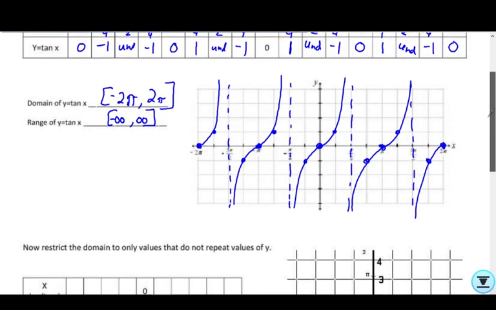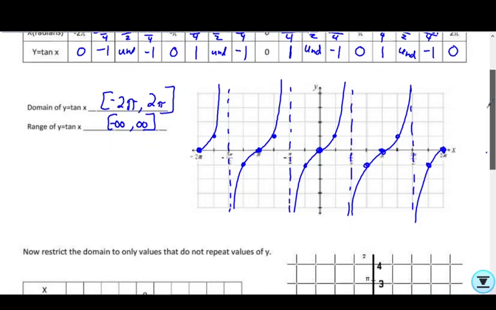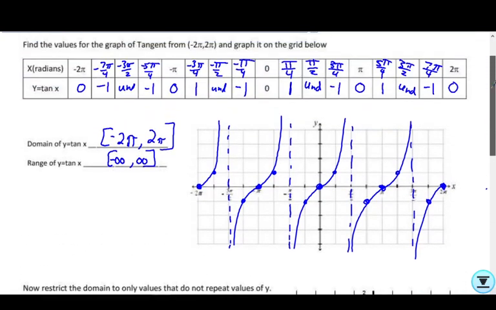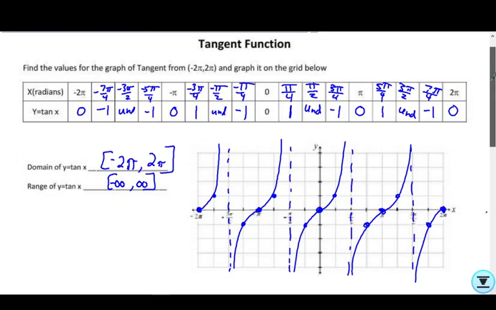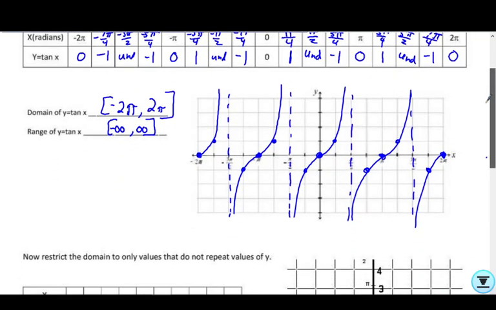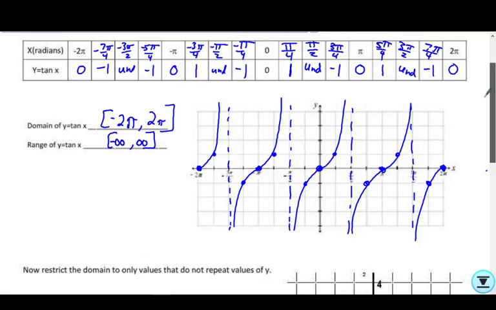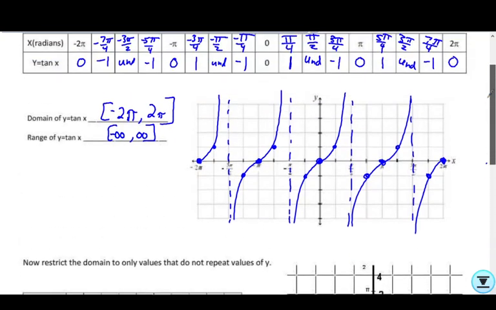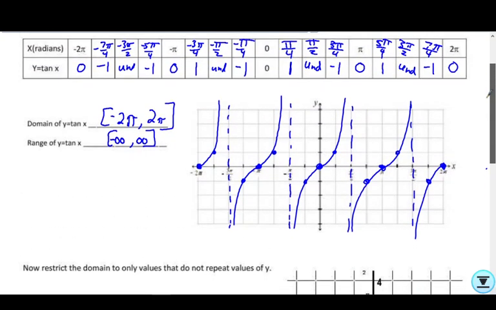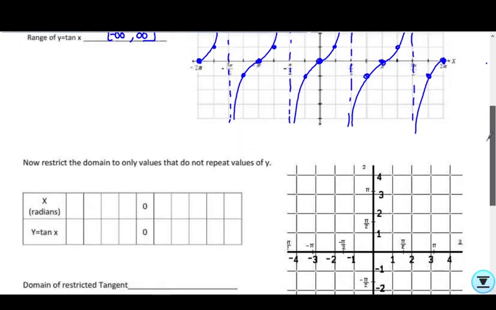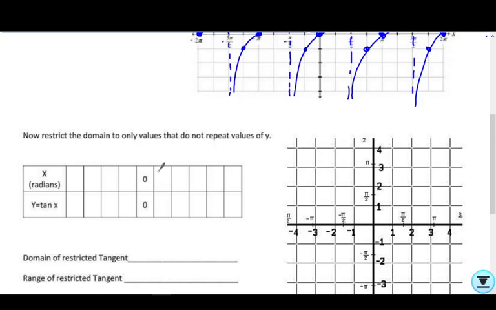Okay, and basically we're going to work it just like we did the last two. So we're going to start at this table, and we're going to keep going until we actually get a recurring value. So we're going to do pi over 4, negative pi over 4, negative pi over 2, pi over 2.